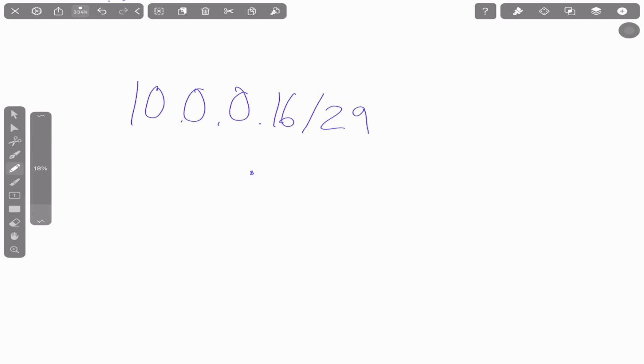We already know that these three octets are going to be fine. This one, and then this one. Not going to change.